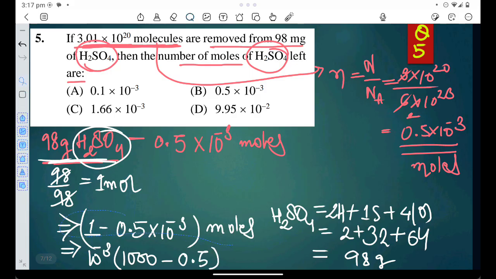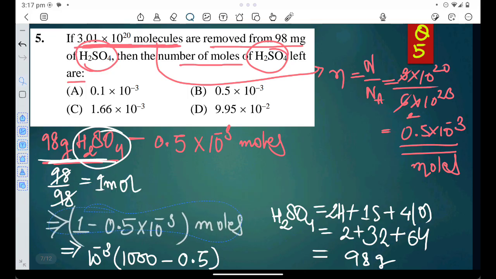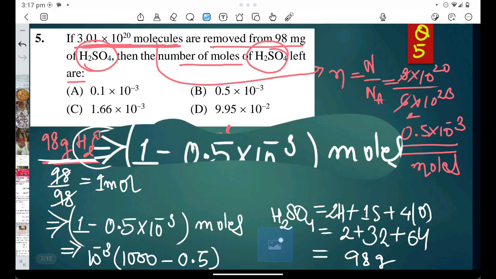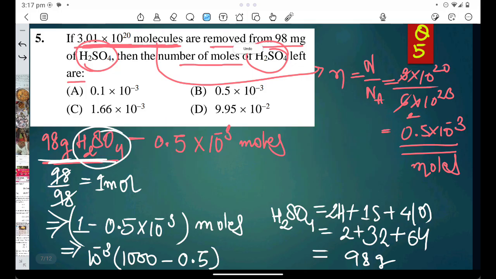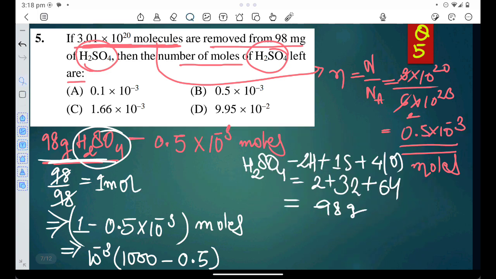And to simplify the calculation, sorry, what has happened, I don't know. Now this is going to be, how much? So 1000 minus 0.5 is going to be 998.